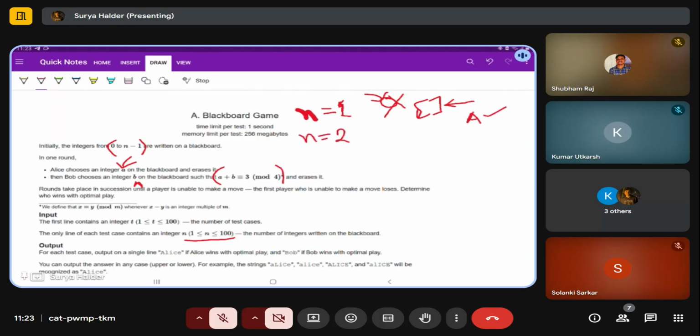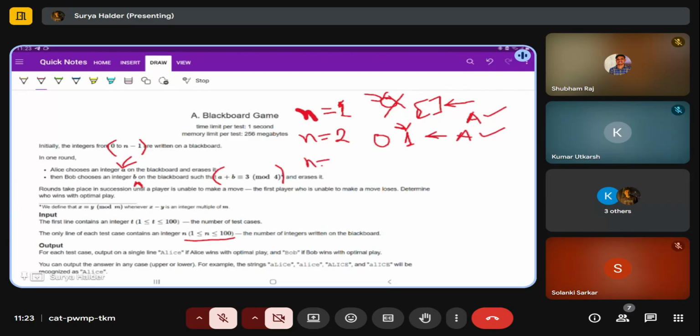For n equals 2, I have 0 and 1. If Alice picks up 0, then Bob cannot pick up 1, because 0 plus 1 modulo 4 is 1, not 3. And if Alice picks up 1, it is the same thing, Bob cannot pick up 0. So no matter which element Alice picks up, Alice always wins.